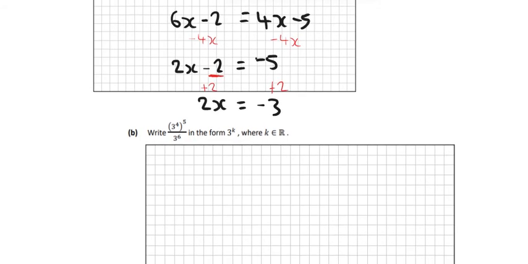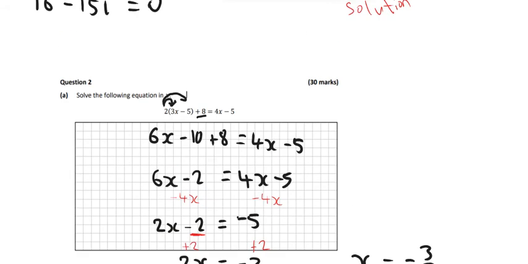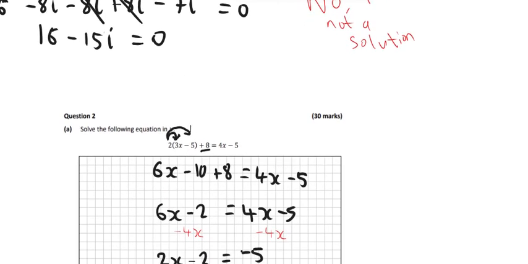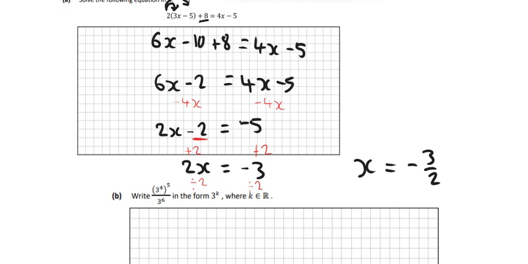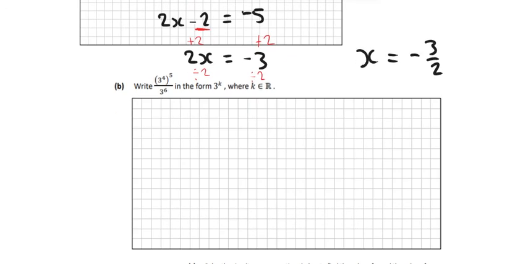And then my last step: x is beside the 2, so I'm going to divide by 2. So x is equal to minus 3 over 2, and that's the final answer. x is minus 3 over 2.